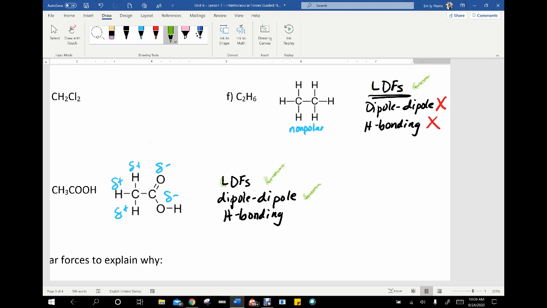So yes to dipole-dipole. Now let's take a look at hydrogen bonding. And so we have to ask the question, is hydrogen directly bonded to fluorine, oxygen, or nitrogen? It is. So we will have hydrogen bonding in this molecule. Out of those three forces, hydrogen bonding is the strongest.